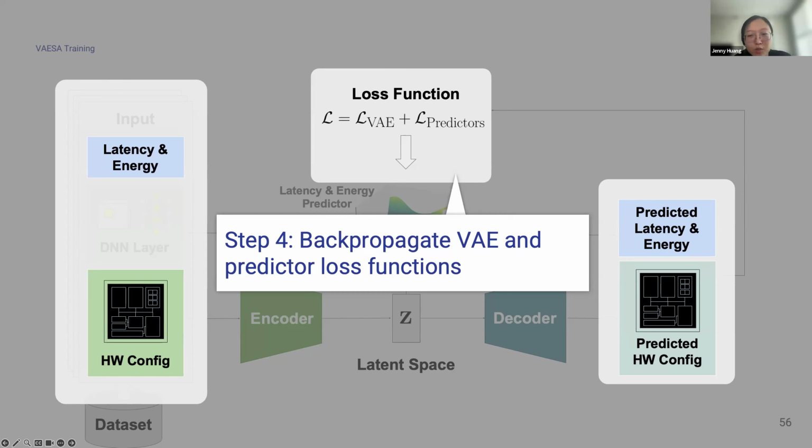When we do the training, we try to minimize both losses at the same time through backpropagation. The reason we train this predictor along with the VAE is that we want to provide more performance information for the VAE to structure this latent design space. Hopefully it will categorize different performance regions, with different regions for different kinds of performance behaviors.